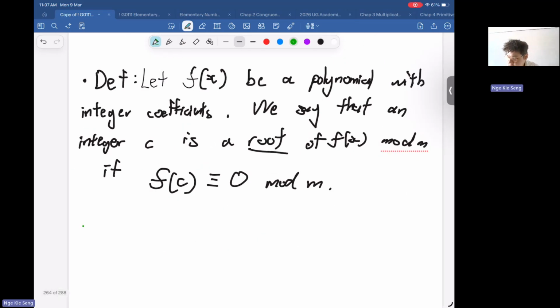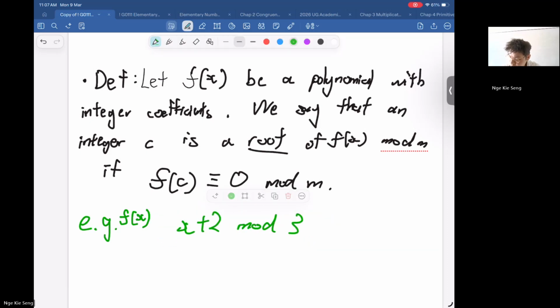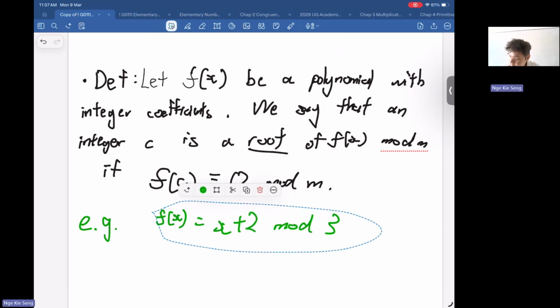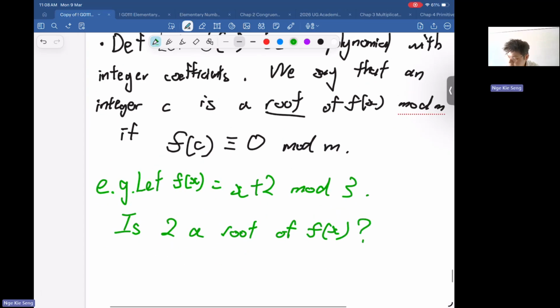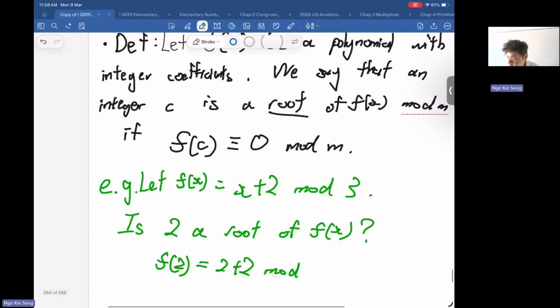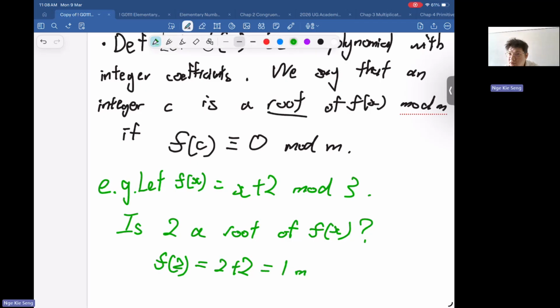Maybe I give you some examples. Let's say f(x) = x + 2 mod 3. This is my f(x). Then we can ask, is 2 a root of f(x)? Let's evaluate. f(2) is 2 + 2, which is 4, which is 1 mod 3.